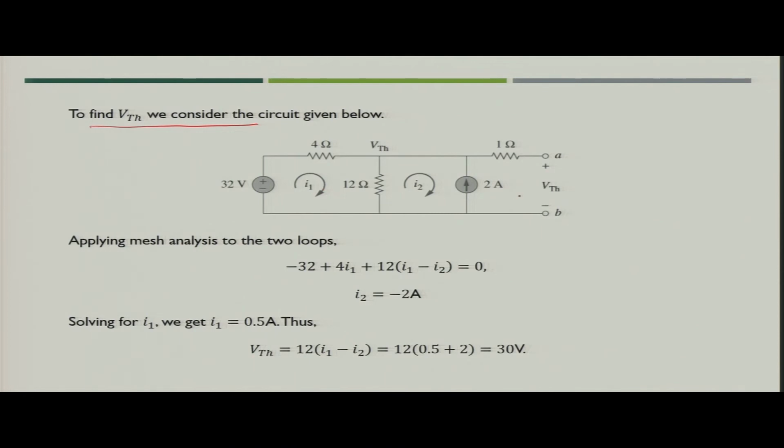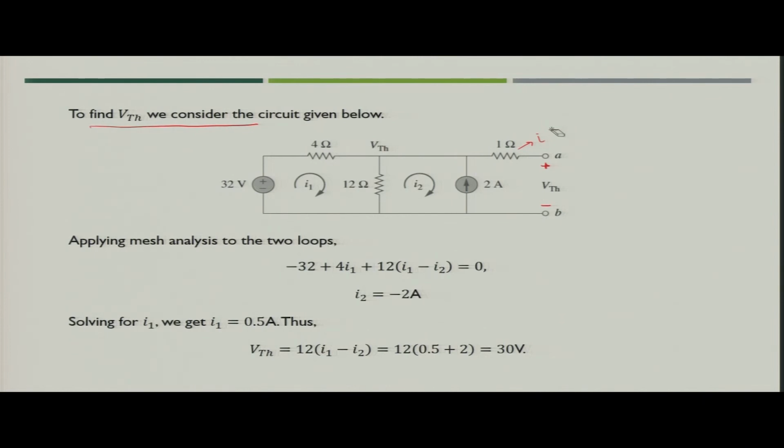Here you can see that you can create two meshes, and apply mesh currents I1 and I2 across these two meshes, and you need to find the voltage VTH across terminal AB. The important thing which you need to see from this circuit is that there would be no current flowing through this particular resistance, because the terminal AB is open circuited.